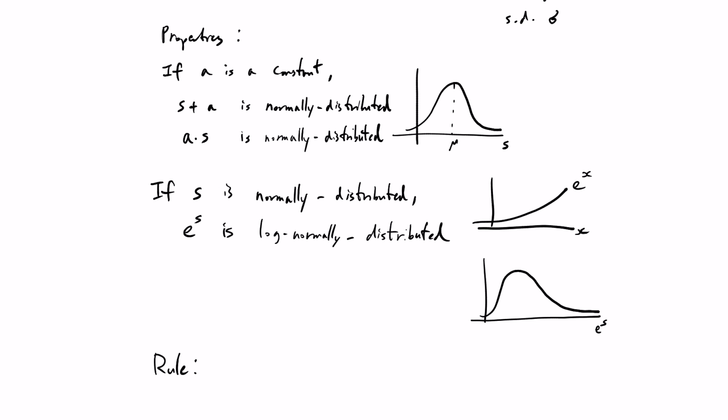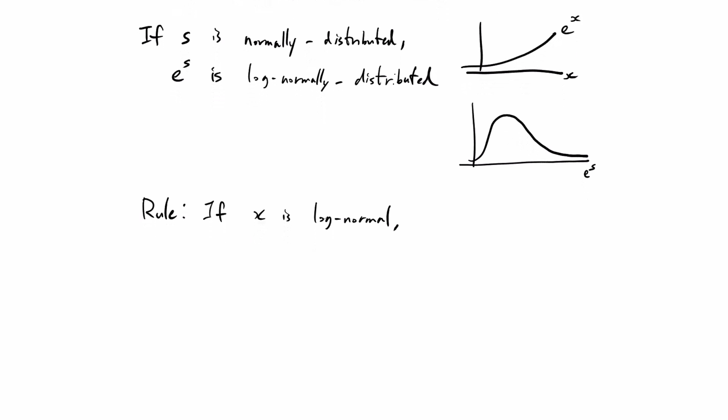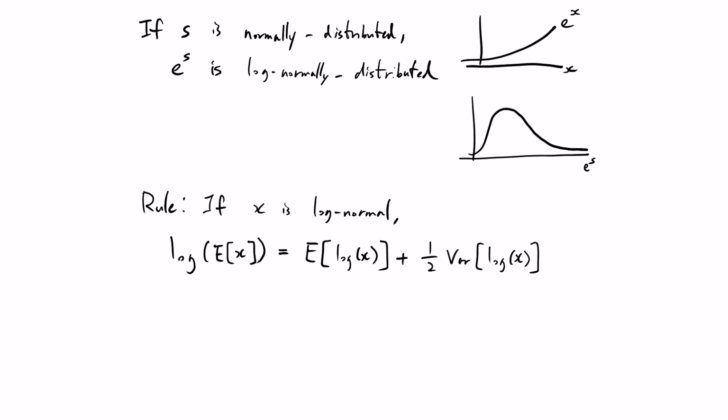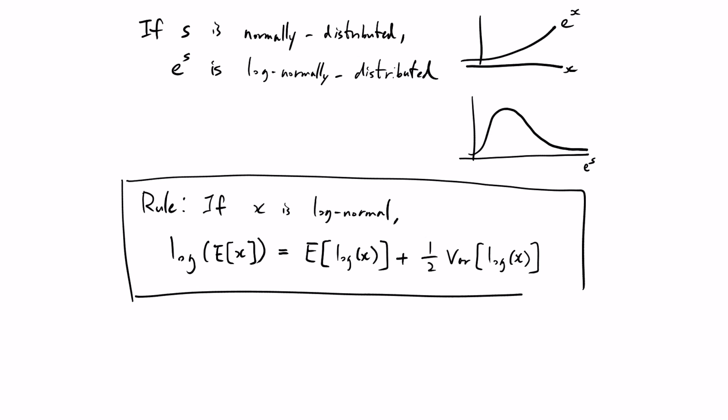The rule is, if x is log normal, then the log of the expectation of x, the log of the average x, is the expectation of log x plus half the variance of log x. This is just something you memorize.